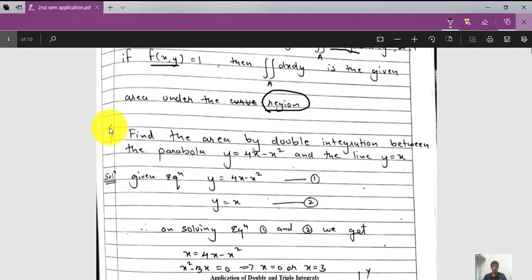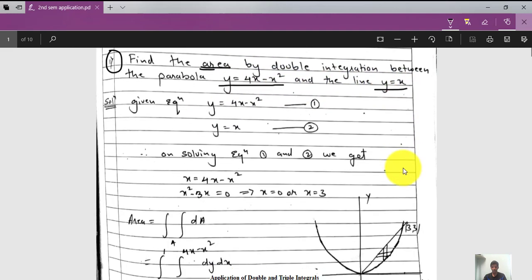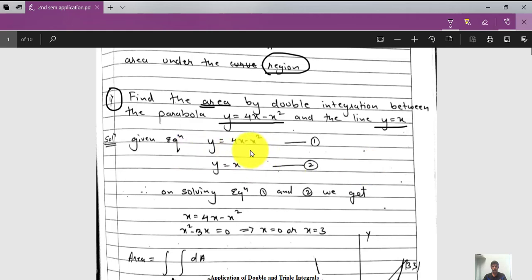So let me take the problem. The first problem is: find the area by double integration between the parabola y is equal to 4x minus x square and y is equal to x, right? First I will write the given equations: y is equal to 4x minus x square, let me consider this as equation 1, and y is equal to x.